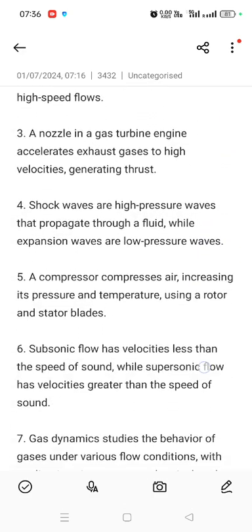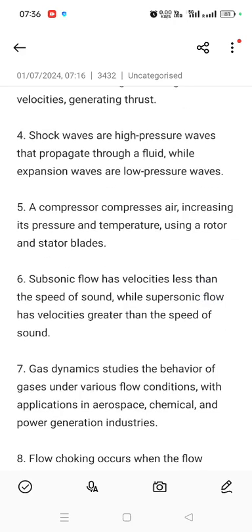Subsonic flow has velocity less than the speed of sound. As we know, its Mach number is less than 1. Sorry, I told you the definition of sonic flow. In sonic flow, M is equal to 1. Subsonic flow has velocity less than the speed of sound.